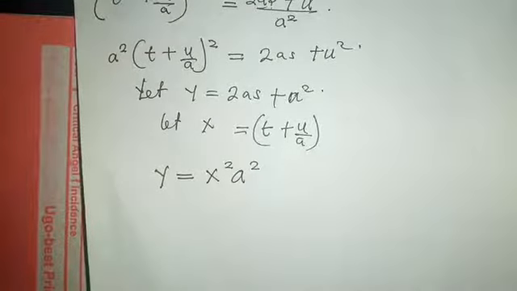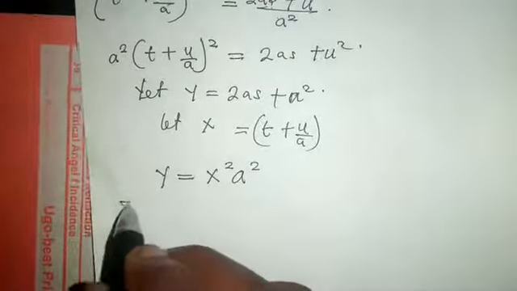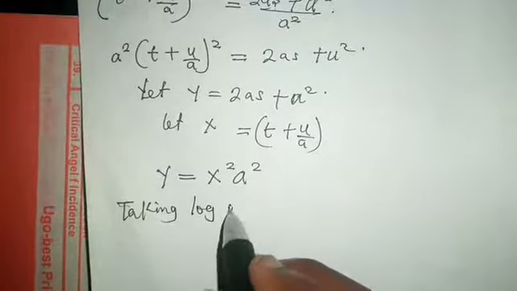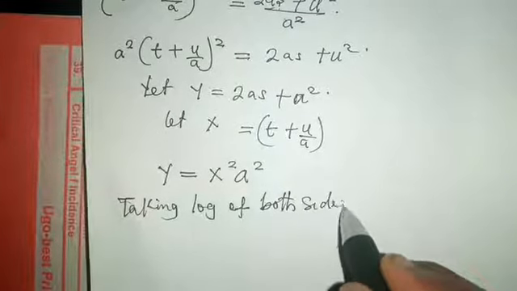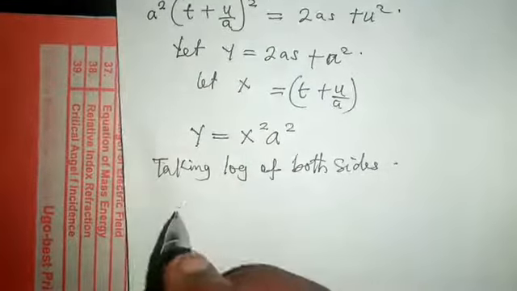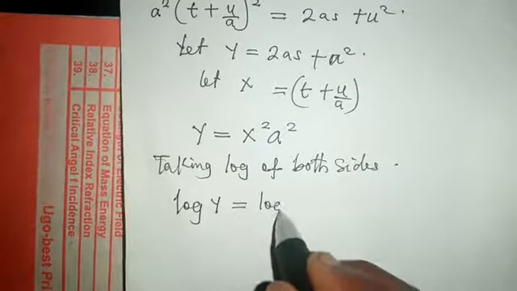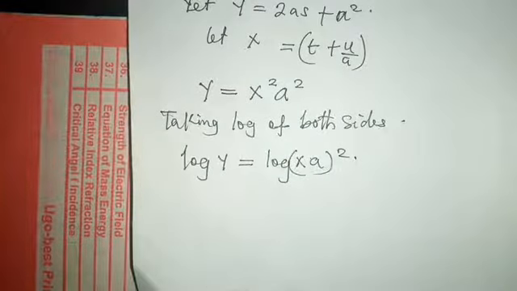So in that case, I'll have y equal to x squared a squared. They are still quadratic. I have to bring in logarithms. I have to use log to break them down. Now, taking log of both sides, I'll have log y equal to log of x a squared.